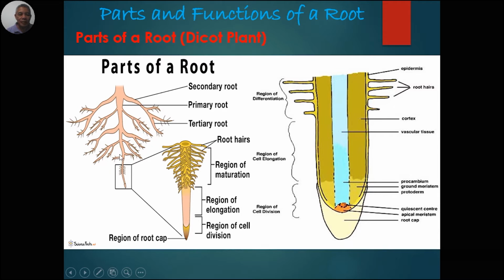And towards the apex of the root, or the tip of the root, are different regions and root hairs. And these regions are the region of root cap, the region of cell division, the region of elongation, the region of maturation, or the region of differentiation.